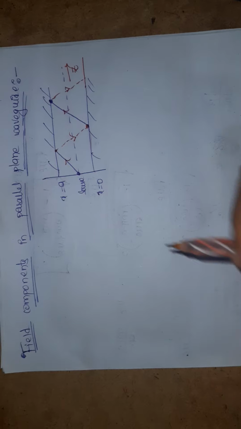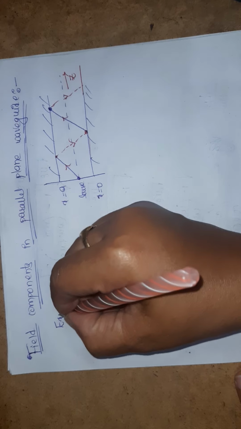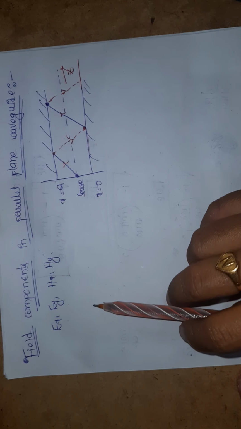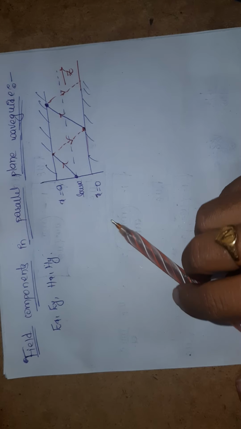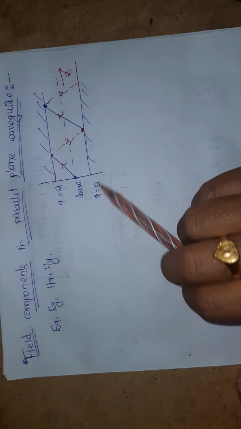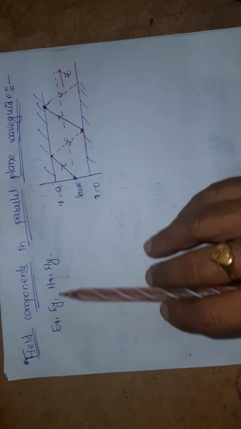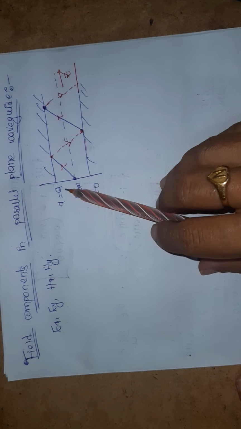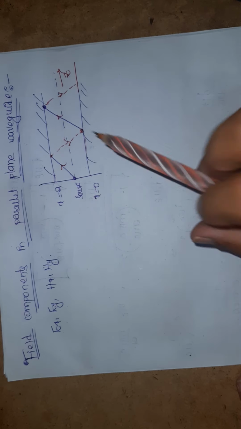And what are the field components? Here I am saying the field components are Ex, Ey, Hx, Hy. And why are we not considering Ez, Hz? Because the wave is propagating along z direction, and the electric field and magnetic field, two fields are existing, and two coordinates we have to consider, x and y direction.